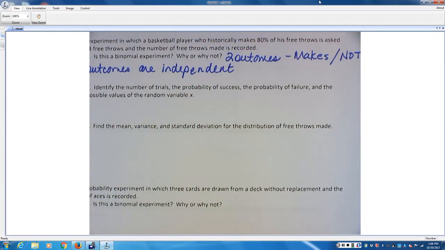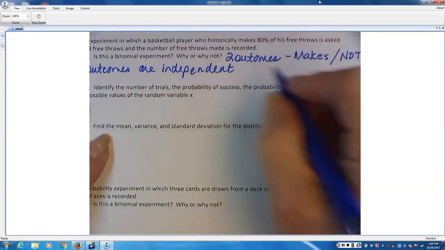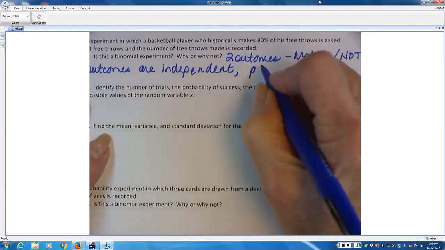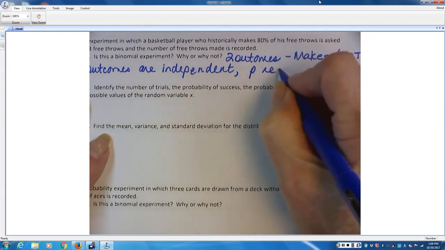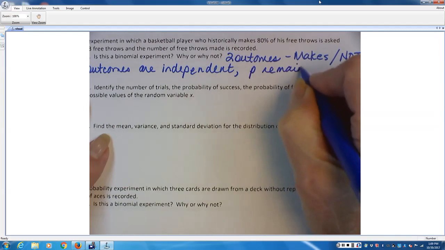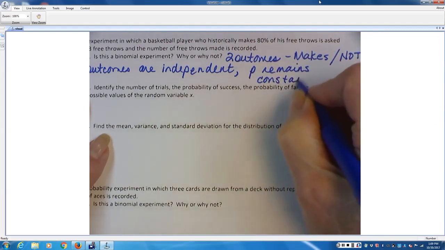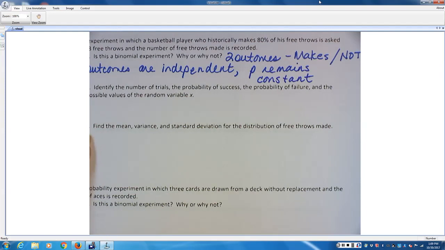If he makes the first one, it's not more or less likely that he makes the next one or the one after that. So probability remains constant. It doesn't change from trial to trial.